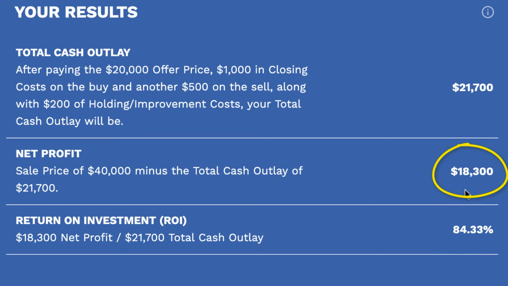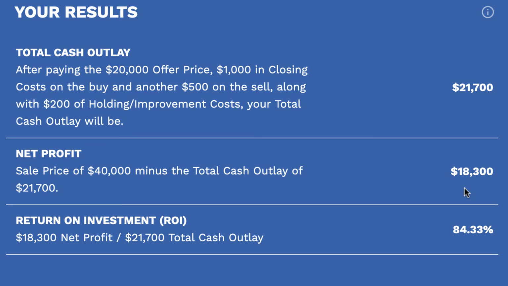But that's still a pretty nice paycheck to make, and that's something worth considering. You also have to consider it's going to cost me a lot more cash. It's going to tie up a lot more money. I'm going to have to put a lot more eggs in this basket in order to get that net profit, and that's what this is reflecting. It's basically saying that I'm getting a smaller bang for my buck overall, but that still would be a nice net profit to walk away with.